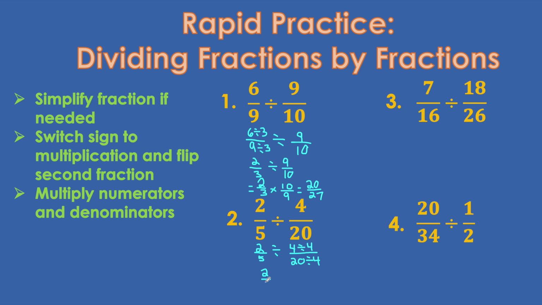Two fifths divided by 4 divided by 4 is 1. 20 divided by 4 is 5. 2/5 divided by 1/5. Let's write this over here.